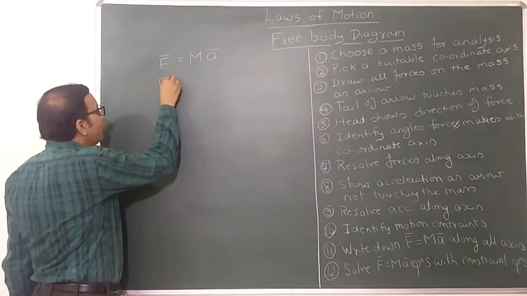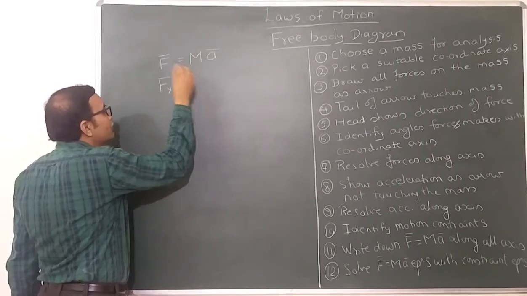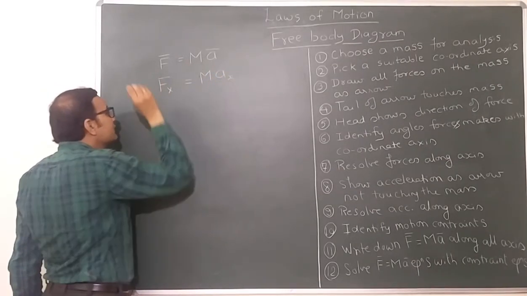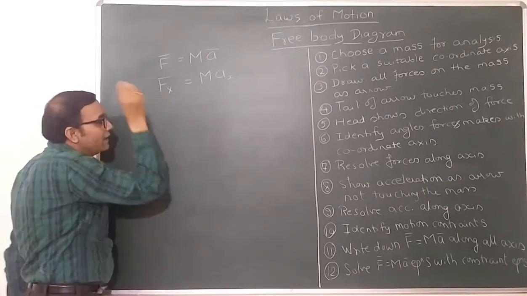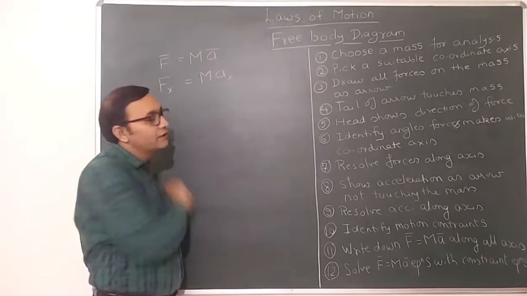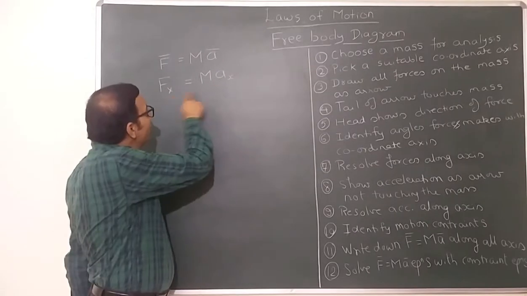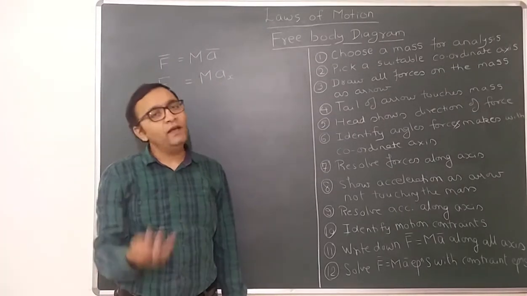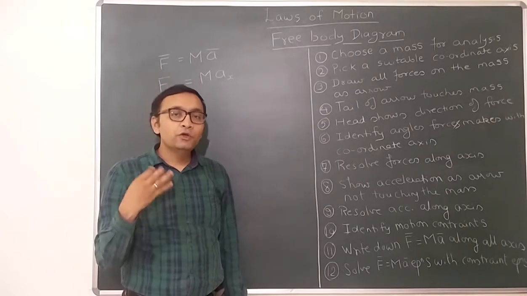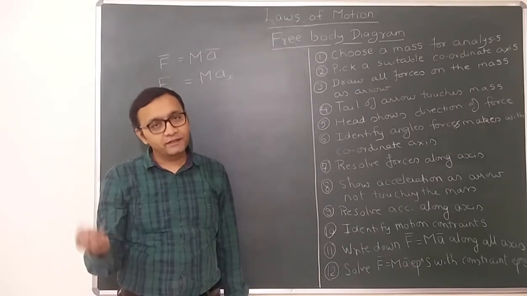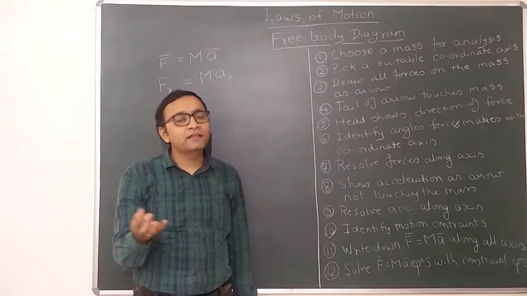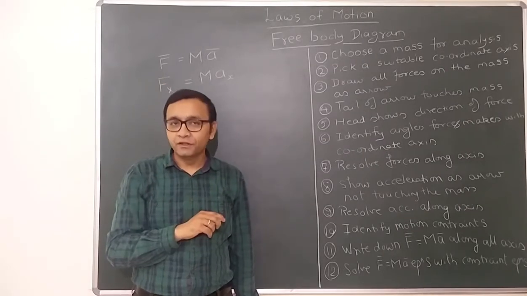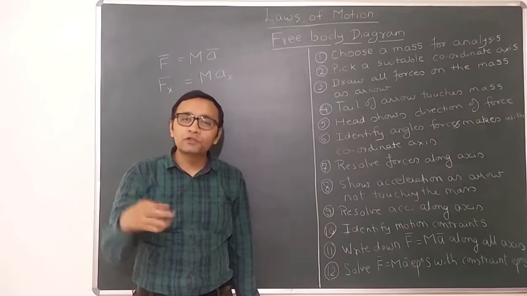So we want to write it like this: the sum of all external forces is equal to mass times acceleration along the x-axis, and similarly for the y and z axes. You can only write it like that when you know what your x and y axes are. So you have to choose your x and y axes. You can choose any x and y axes, but make sure they are perpendicular to each other.